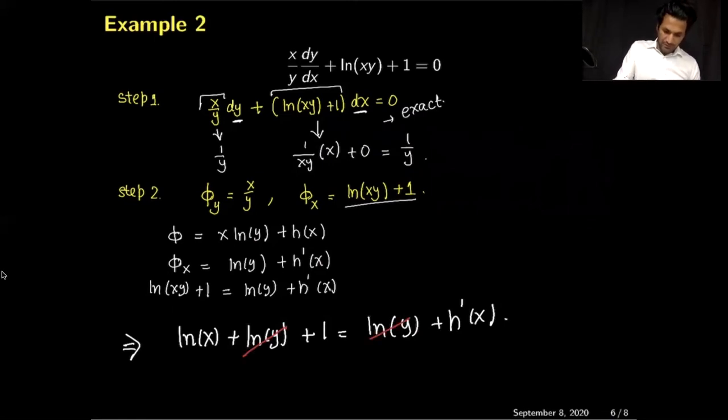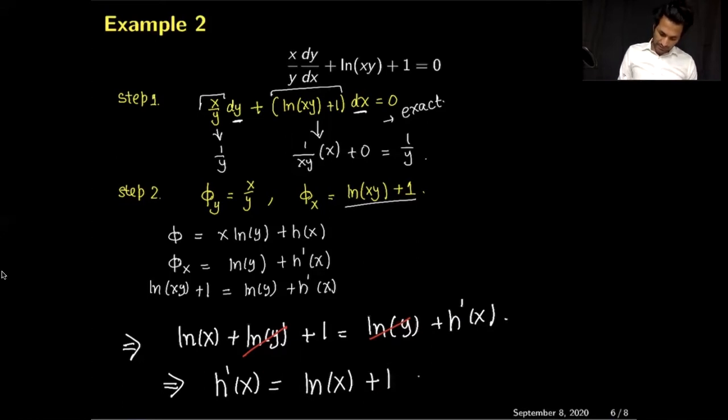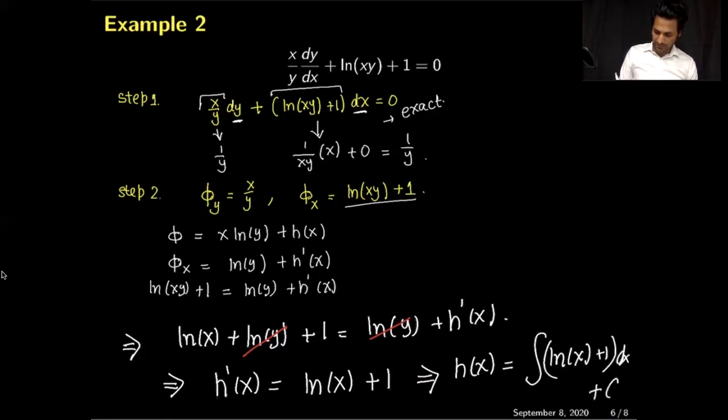Therefore, h prime of x will be natural log of x plus 1. And this implies that if I integrate with respect to x, I get h of x, the function. That will be the integration of natural log of x plus 1 dx plus the constant of integration.